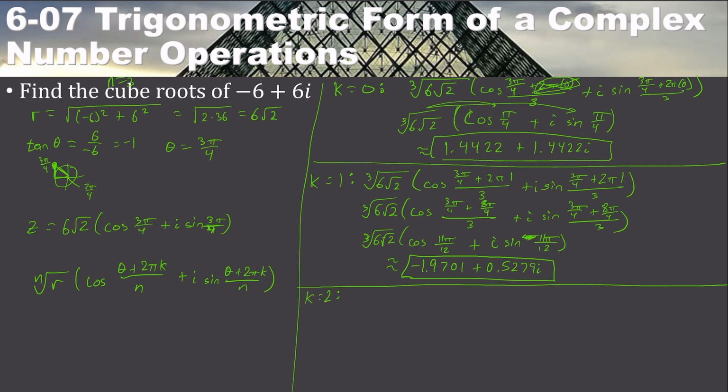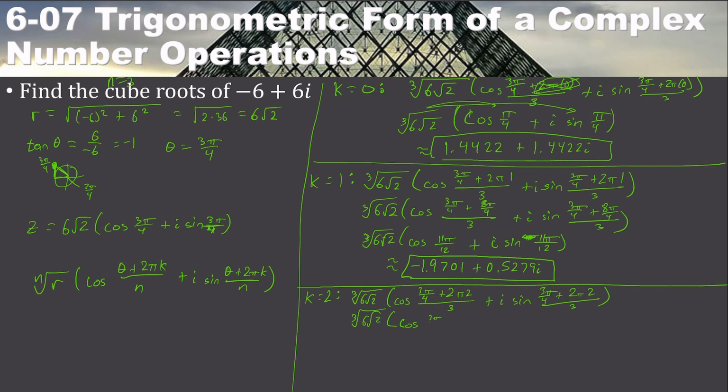Lastly, we do our third one. K is 2. This time, put a 2 for the k. We'll need a common denominator. So 2 pi times 2 is 4 pi.